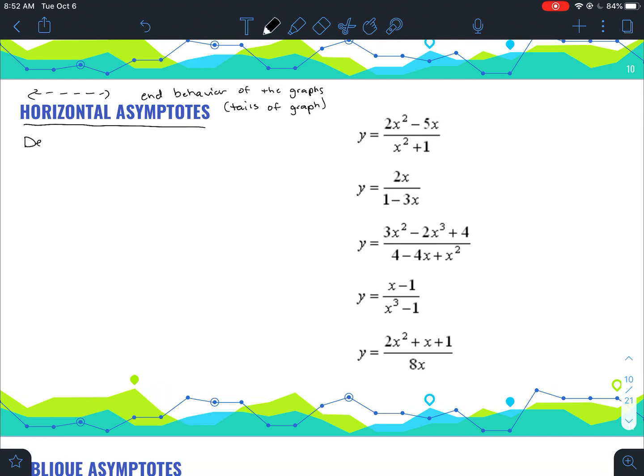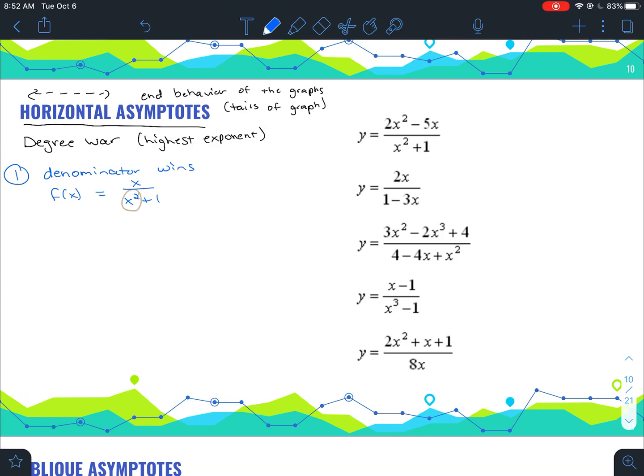So there's 3 different rules for horizontal asymptotes. So to find horizontal asymptotes, you play the degree war game. And the degree war is you have to find the highest exponent. So whatever term has the highest exponent wins. And there's 3 options. Option 1, what happens if the denominator wins the degree war? So for example, if we had f of x equals x over x squared plus 1.